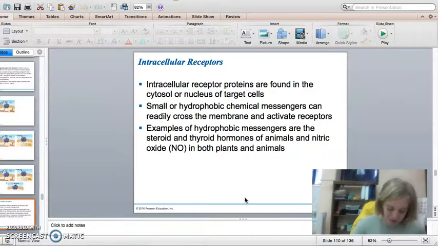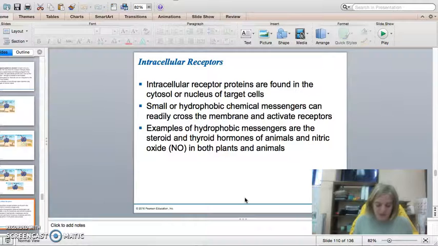Then we have what's known as intracellular receptors, and these are receptors located inside of the cell. So they're either found in the cytosol or the nucleus of the target cells. Small polar and nonpolar ligands can diffuse through the membrane and enter the cell and bind to those receptors to activate them. But typically these tend to be hydrophobic chemical messengers.